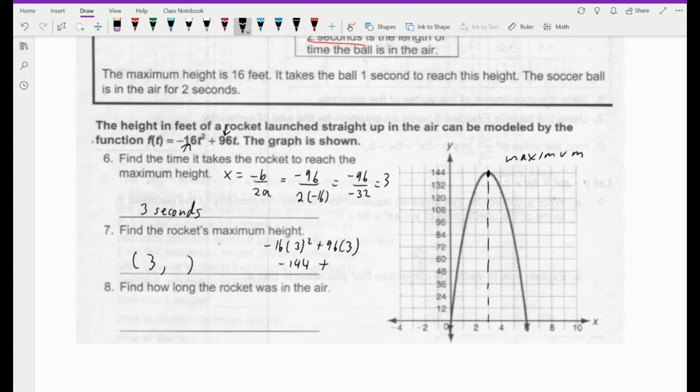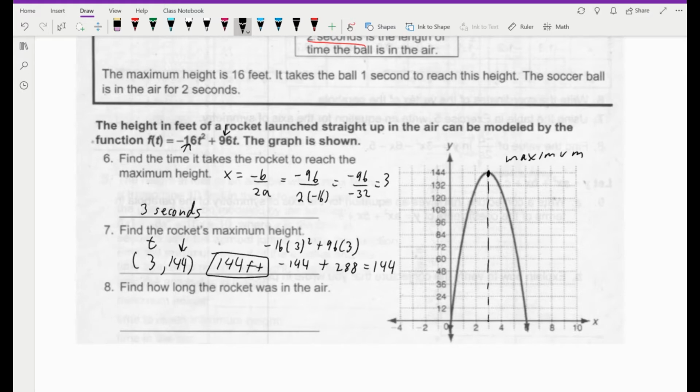I believe that's going to be 288. Now, minus 144 plus 288 is a positive 144. The maximum height, of course, is here because the time was here. So 144 feet is the maximum height.